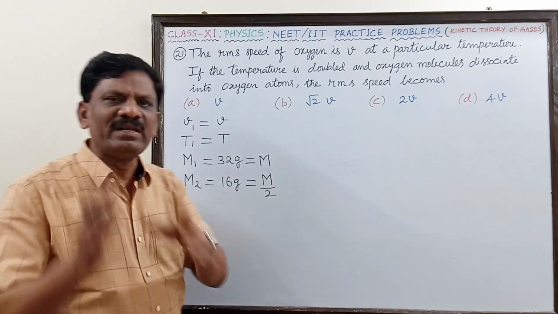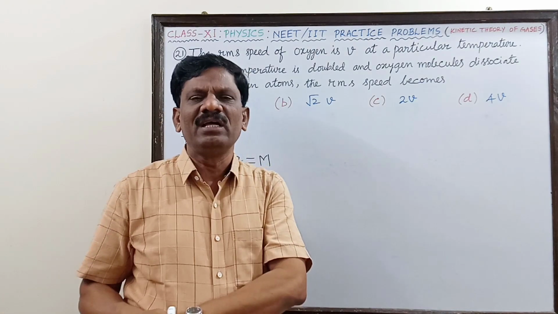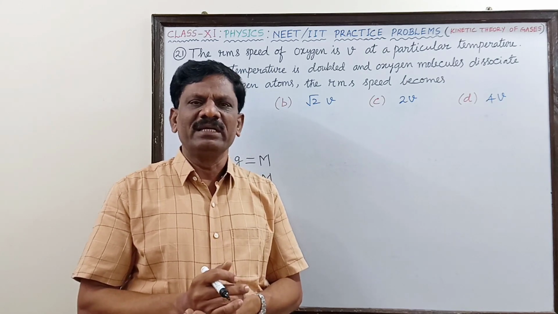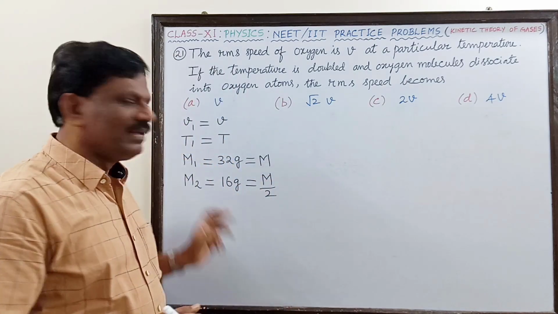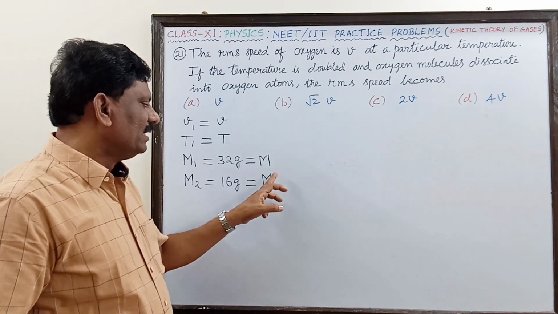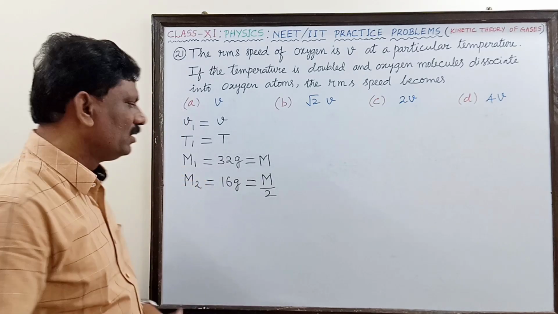This is very important information to be understood: before dissociation the molar mass of oxygen was capital M, and after dissociation into atoms the molar mass is now M by 2.